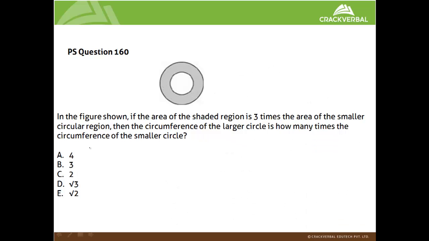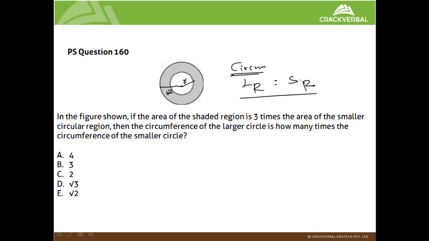We can also solve this question using plugging in, because whenever we are finding a comparison of two values, that is a ratio, relation or percentage, we can always use plugging in. There is a small r, the radius of the smaller circle, and a radius of the bigger circle. They are asking how many times the circumference of the larger circle is the circumference of the smaller circle.